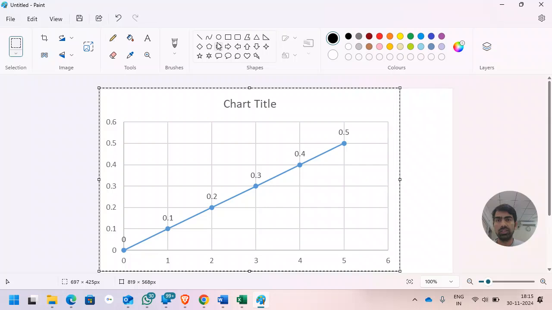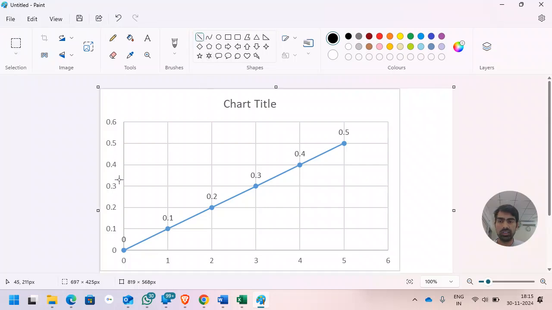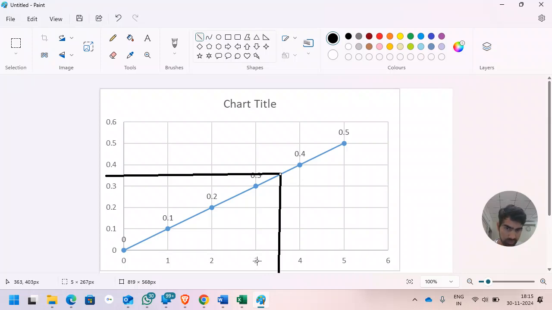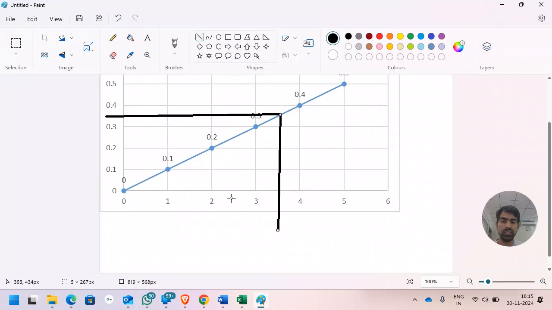We got 0.35, right? 0.35 is here. We draw a line horizontally until it overlaps the graph line, and then draw a line vertically. You check here, it's showing between 3 and 4, that is 3.5 ppm, so we can identify it's 3.5 ppm.